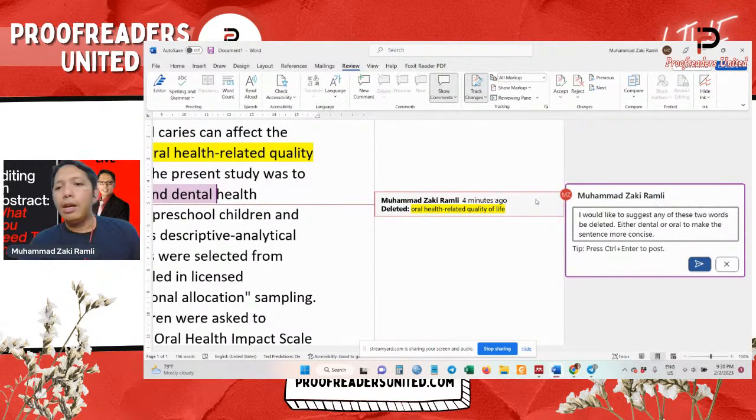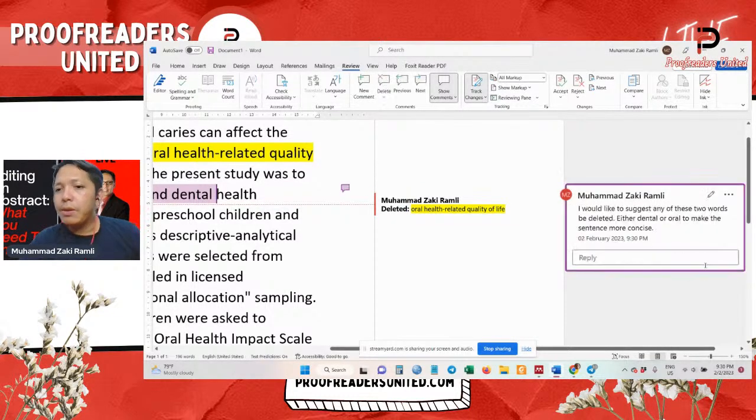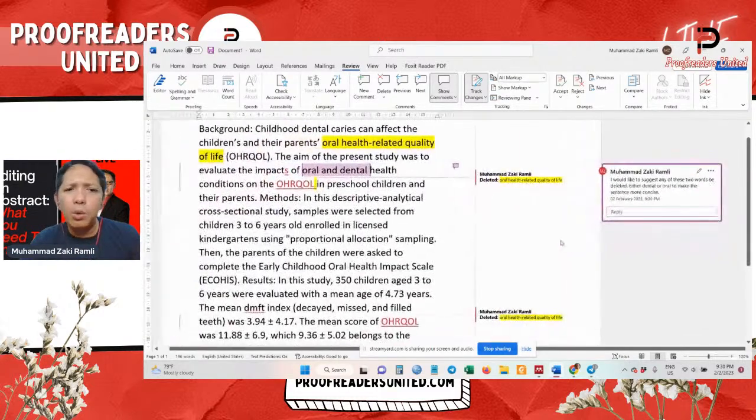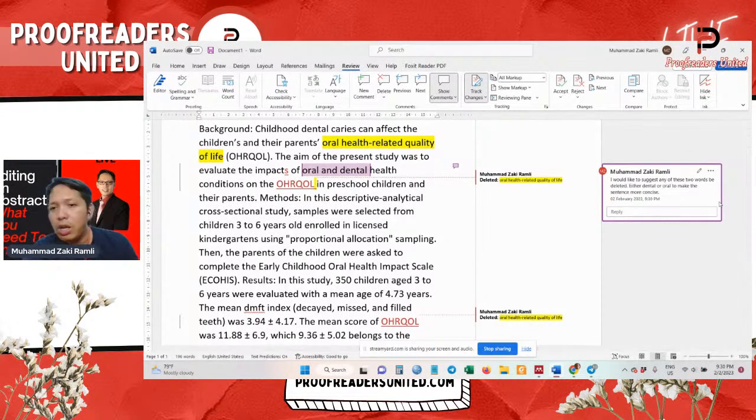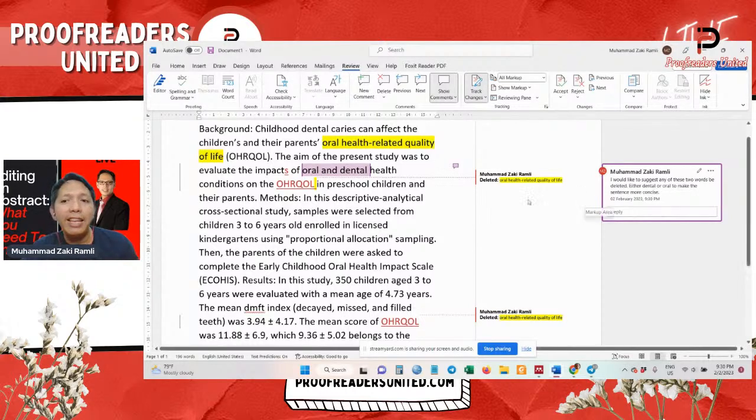For this one, I'll just post the comment. In case you are not sure what the red thing or this box thing is, you can always watch the first two sessions delivered in January 2023 to learn the basics of on-screen editing.